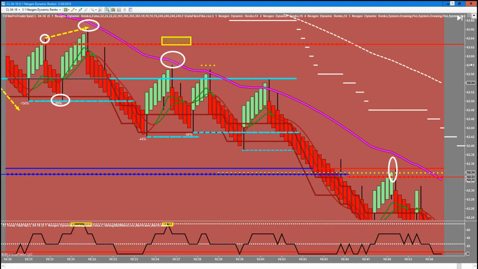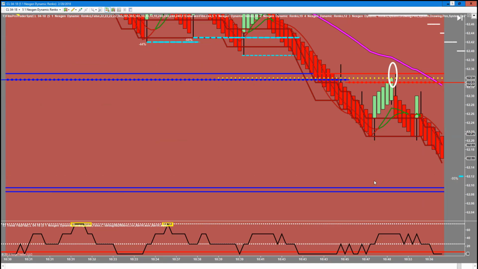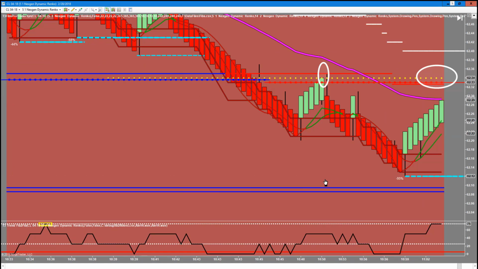As we work our way forward, you'll see we end up with, again, another one of these situations where we break through Fibonacci support. And again, we didn't quite meet the trend trade rule short here.